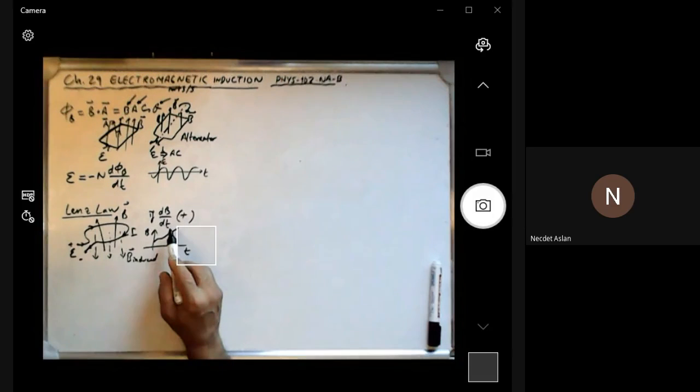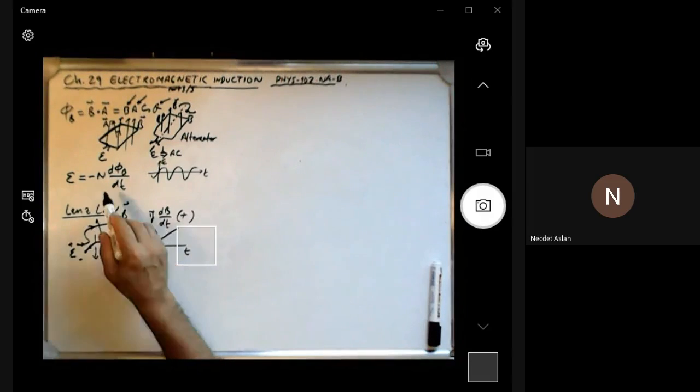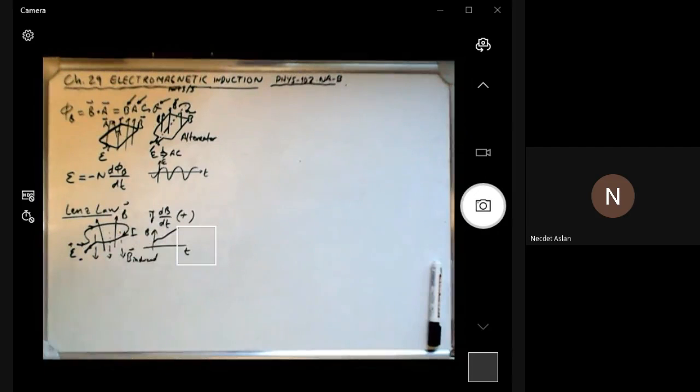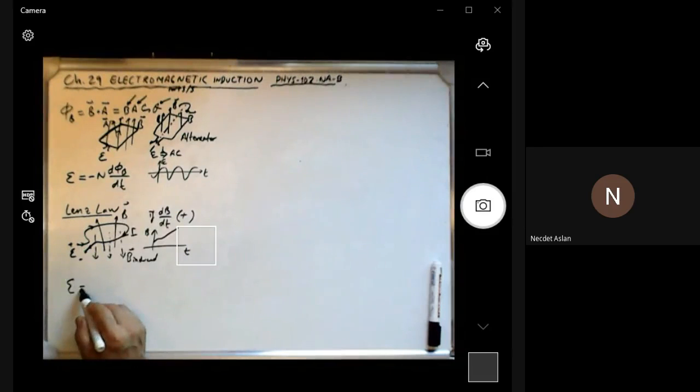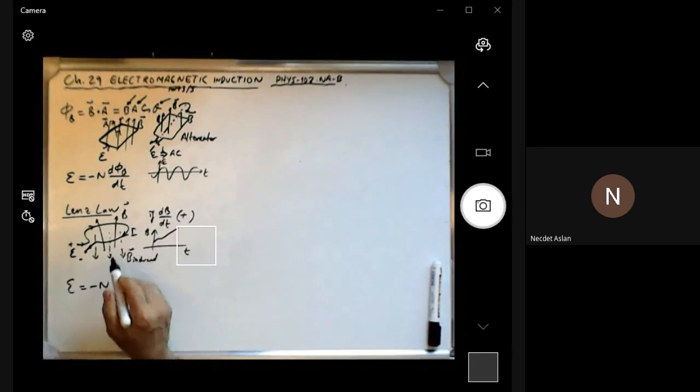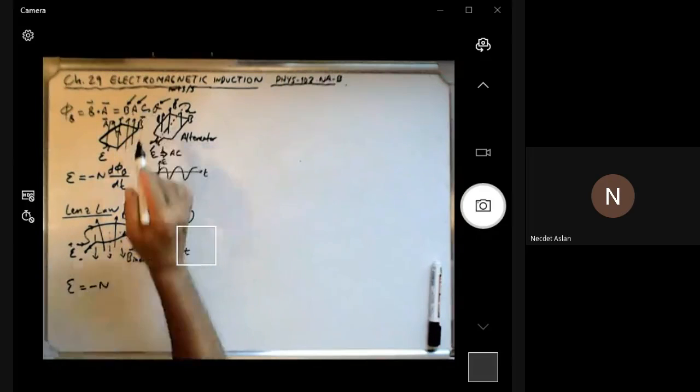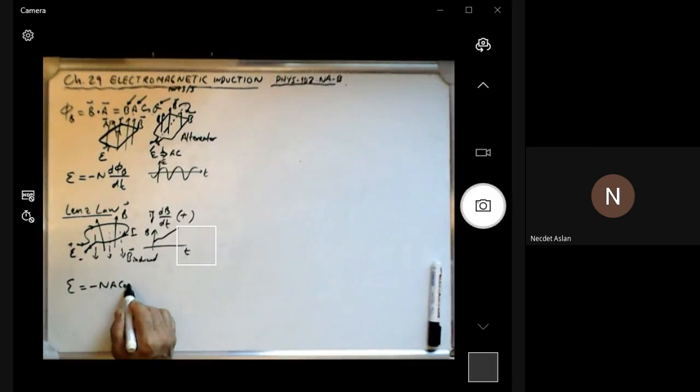So why is it happening? Because we have this expression, and as you see, we have only the magnetic field changing, so epsilon is equal to minus n times A cosine theta, which are not changing, I'm writing them here, times dB over dt.